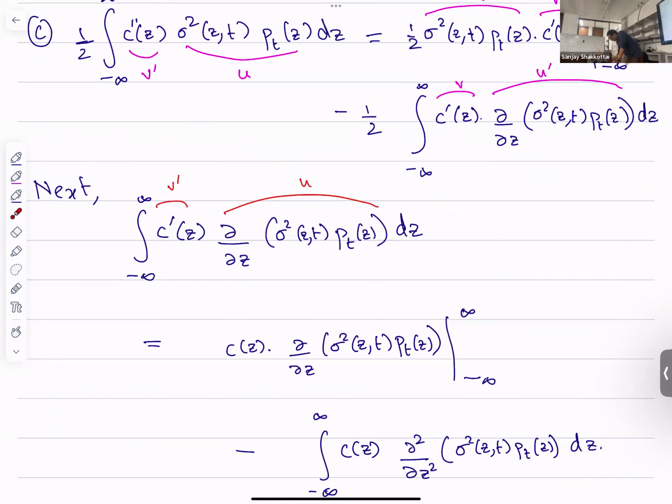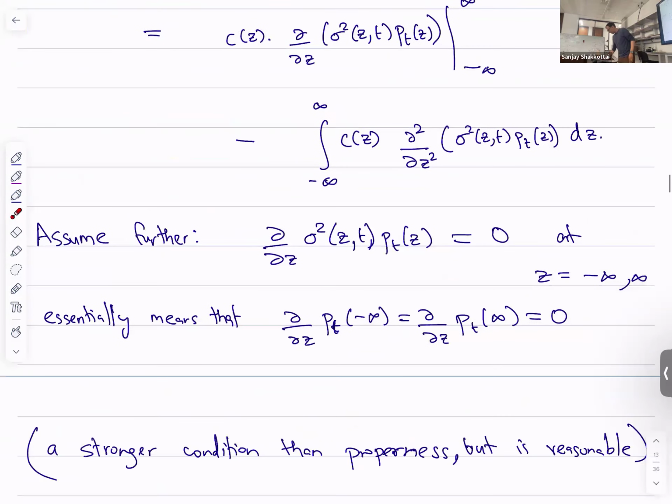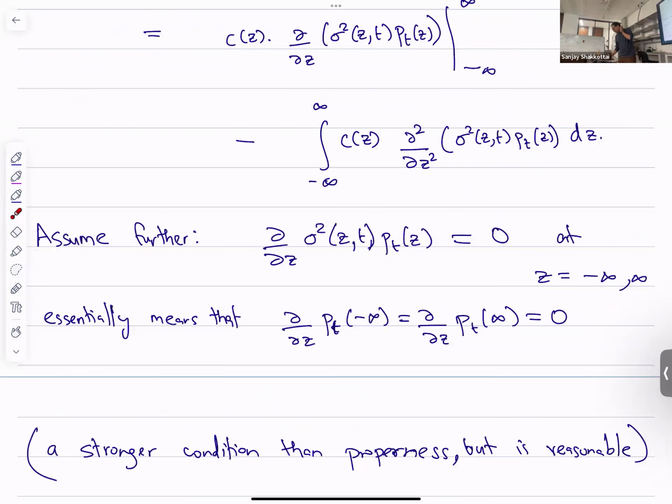And what I get here is something else between minus infinity and infinity. So this has a del by del Z of P_T. If you make the assumption that this quantity is 0 at both plus and minus infinity, which essentially means not only is the density going to 0, the derivative of the density is also 0 at plus and minus infinity, okay, so it's going down fast enough.